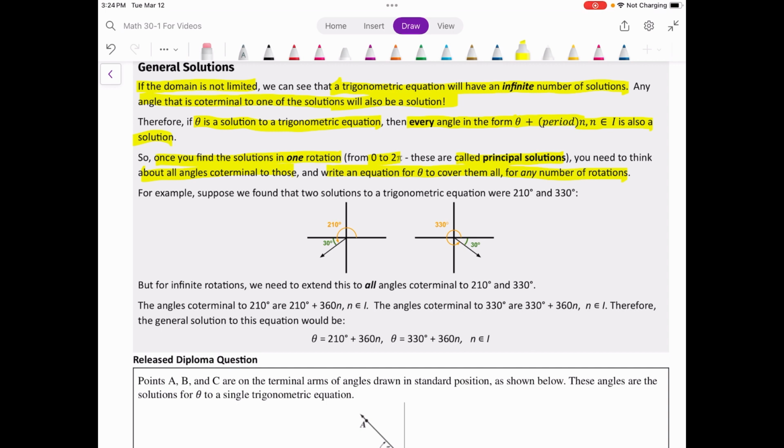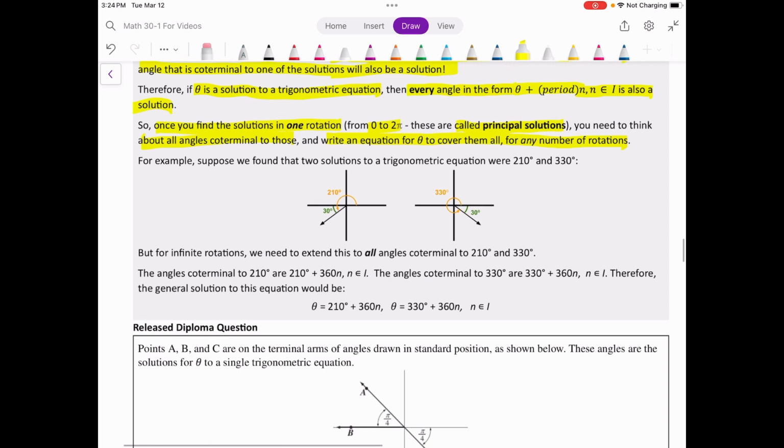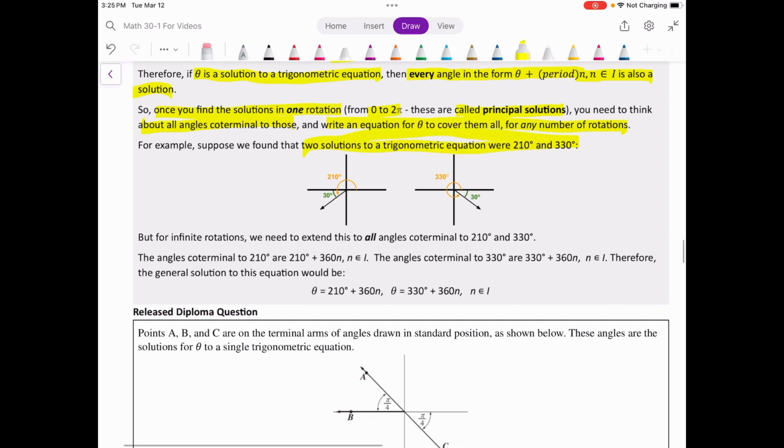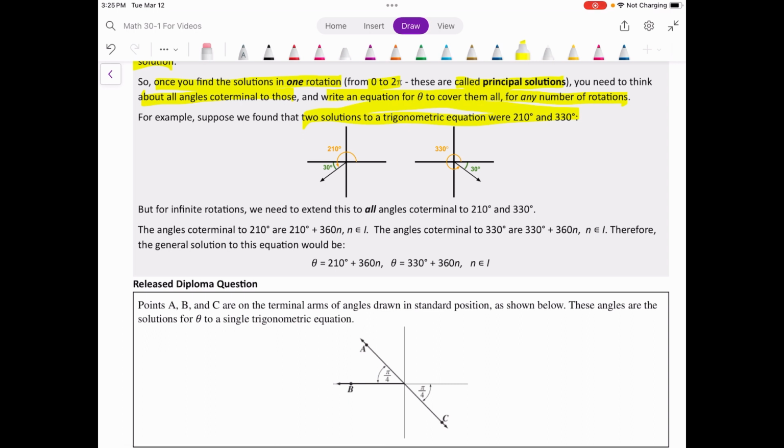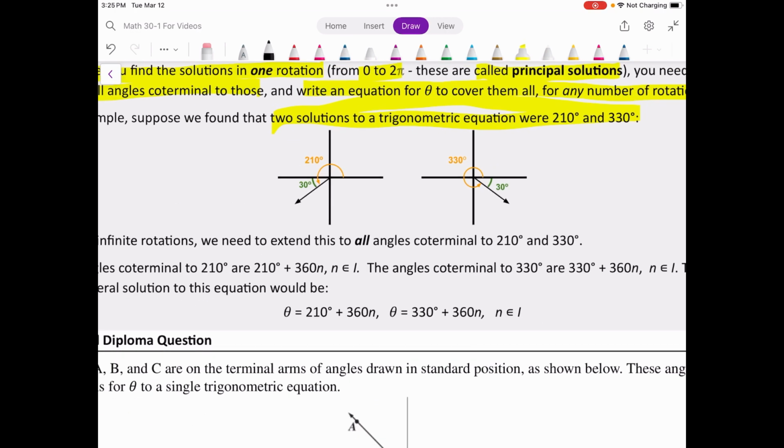So for example, just suppose that we found two solutions to a trig equation were 210 and 330 degrees. That actually goes back to the example we did at the beginning of this lesson. Sorry, I'm mixing up my lessons, right? To introduce the idea of solving trig equations, okay? Now, if 210 is a solution, notice so will 210 plus another full 360, right?